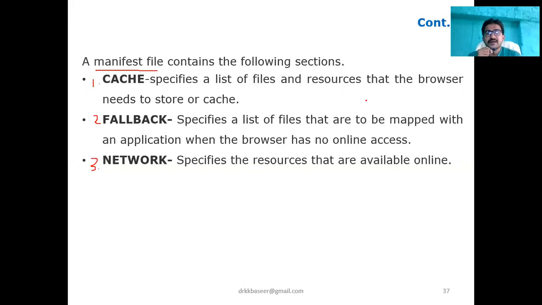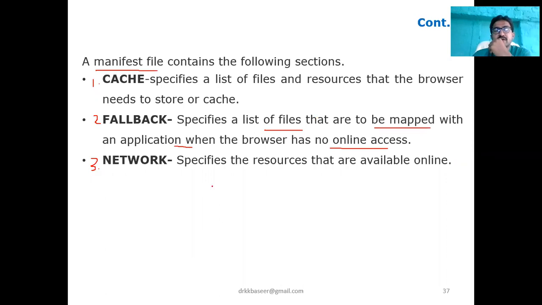Second one, fallback, specifies a list of files that are to be mapped with an application when the browser has no online access. So the fallback will do what? Whatever list of files you have in the cache are going to be mapped with the application when the browser has no online access, when there is no internet at that time. The respective files will be mapped to respective locations.